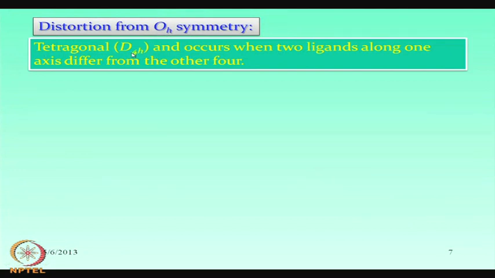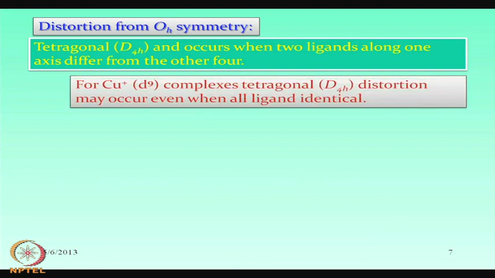One is the tetragonal distortion like what we have just seen, where the symmetry can change from Oh to D4h when 2 ligands along one axis differ from the other 4. We discussed that the 2 cobalt-chlorine bond lengths are different, longer compared to the 4 cobalt-nitrogen bonds in one plane.